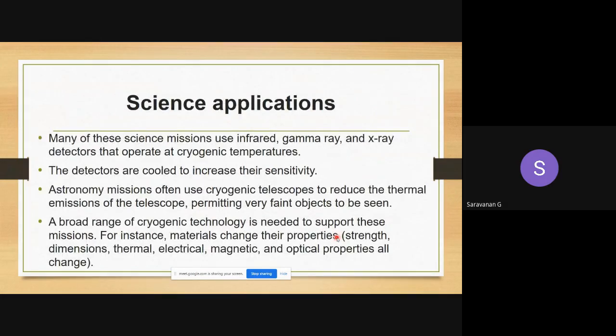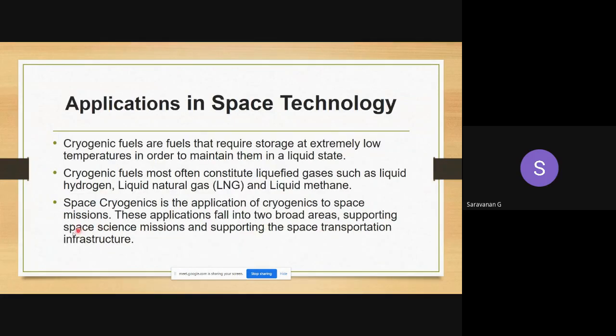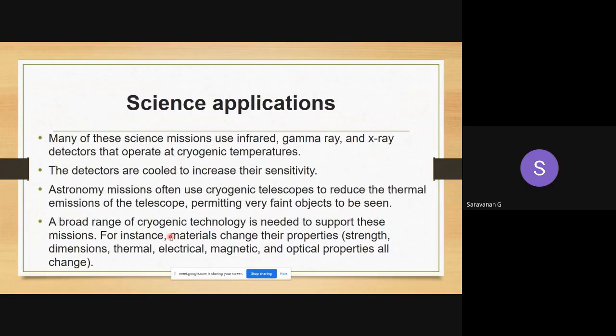Coming to the space science applications, the space science missions. Many space science missions use infrared, gamma ray, or X-ray detectors. These have to be operated at very low temperatures, otherwise they will get heated up.